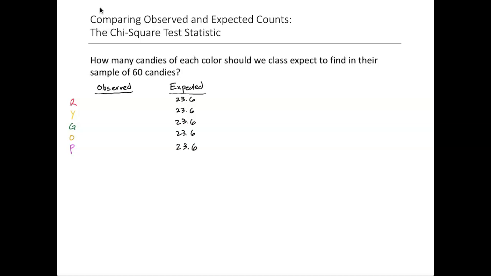All right, but we want to get the observed counts as well. So I need you guys to go through for me and count first reds. 2 plus 5, Riley.